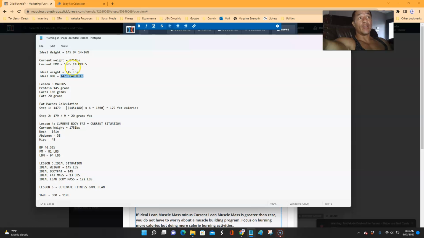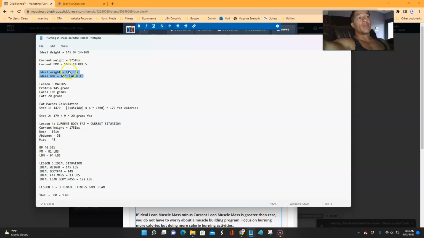Even if you do a 300 calorie deficit, which is at the very least where you want to be so you can lose weight slowly, that's still going to put you at 1305 calories to eat per day. And my philosophy is you don't want to eat less than your ideal. So in that situation, you have to go by your ideal situation.